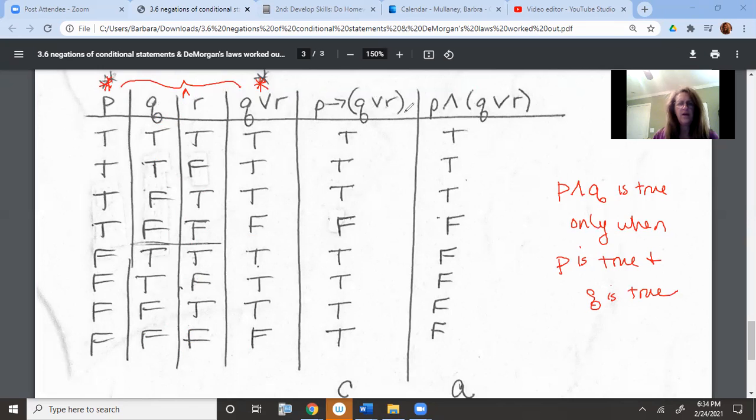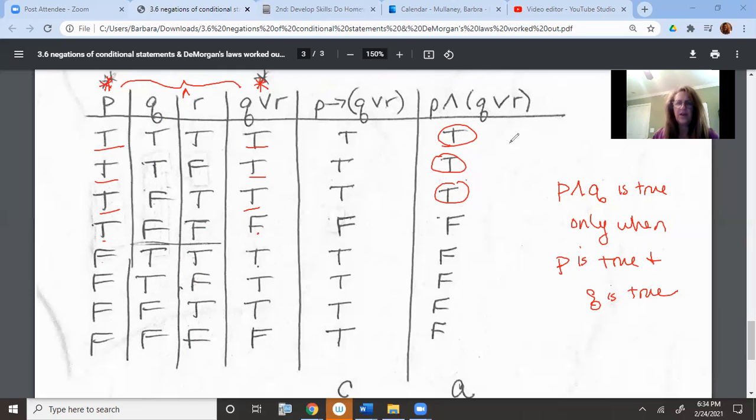So the first one, both of them are true, so we have true. The second one, both are true. And the third one, both are true. The fourth one is false, then true, false, true, and the rest are false. So we only have three that are true.